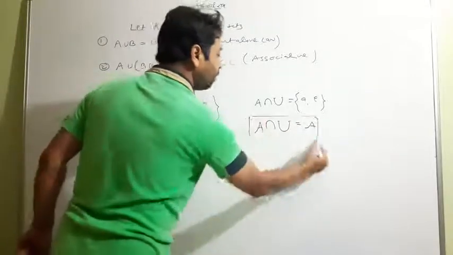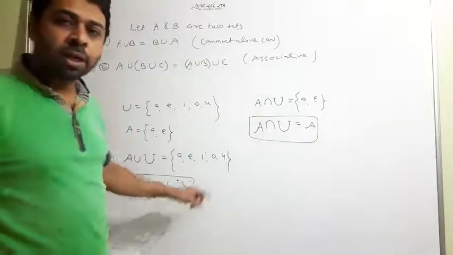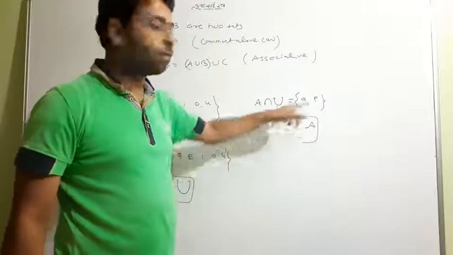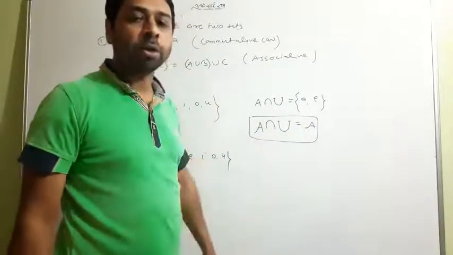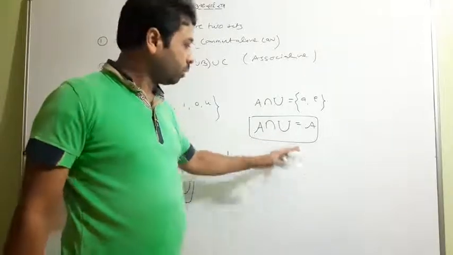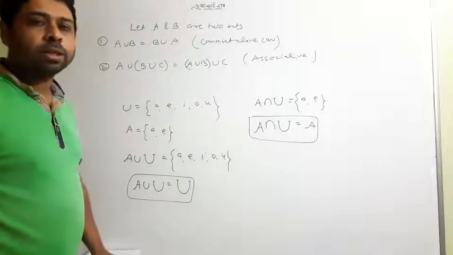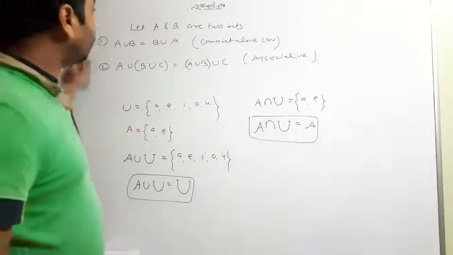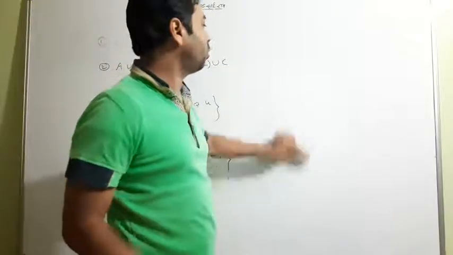Please keep in mind that A union universal set gives the universal set and A intersection universal set gives you the single set A, because A is definitely smaller than the universal set. So these two concepts I think you have got. This is very tough, but by watching once or twice you can understand it all.